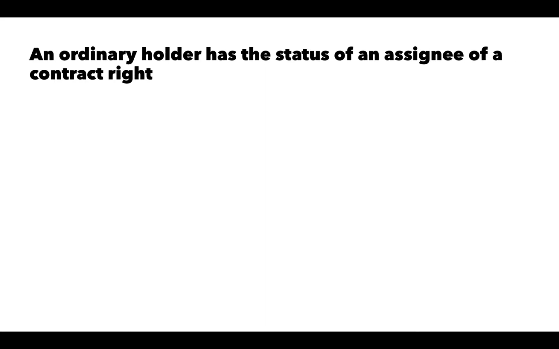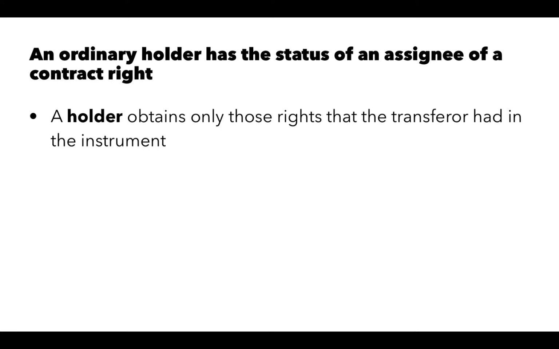Now, an ordinary holder has the status of an assignee of a contract right, meaning that holder obtains only those rights that the transferor had in the instrument.